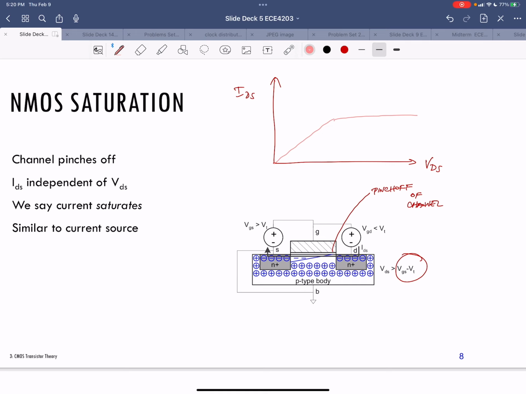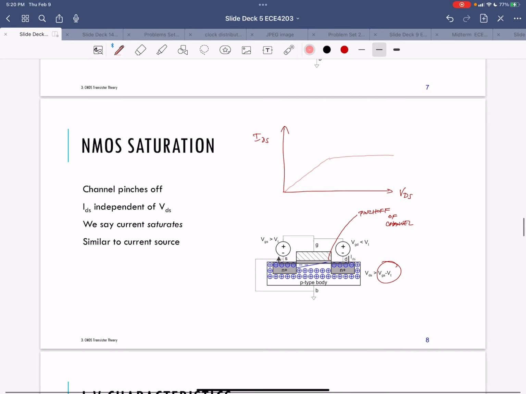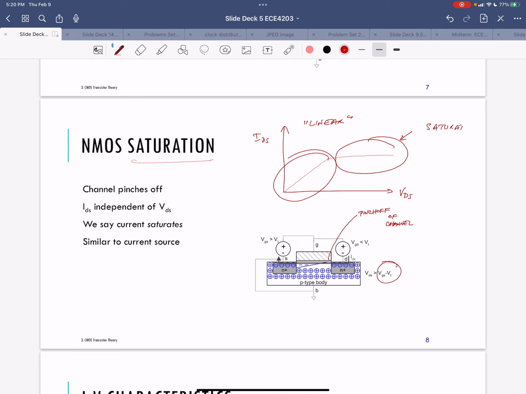It just stays constant after a certain drain source voltage. That region is called saturation. So this region is called linear in quotes because it's not really linear, but it's more linear than this region, which is called saturation.